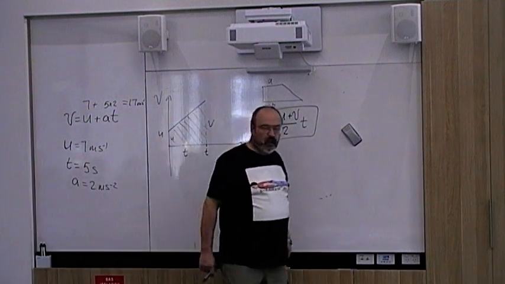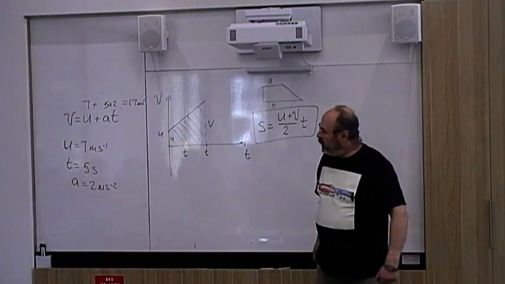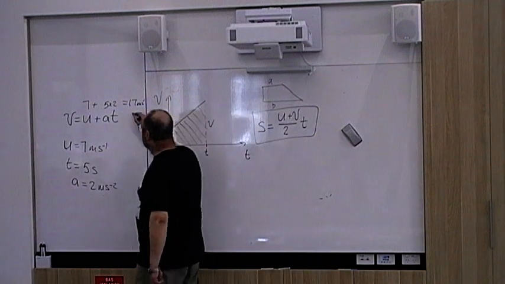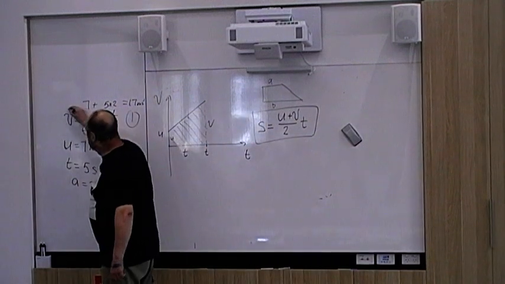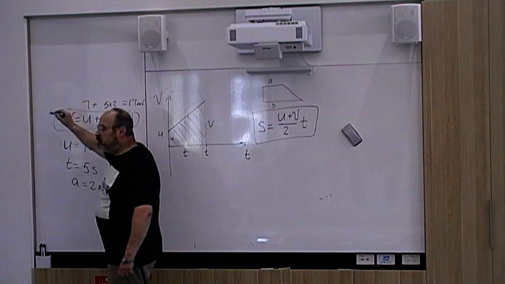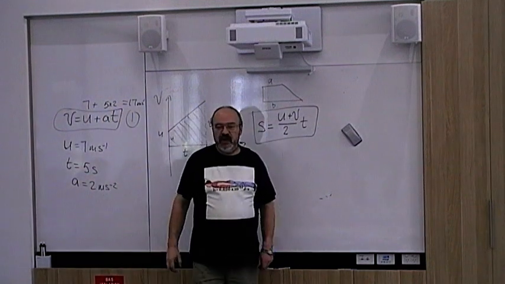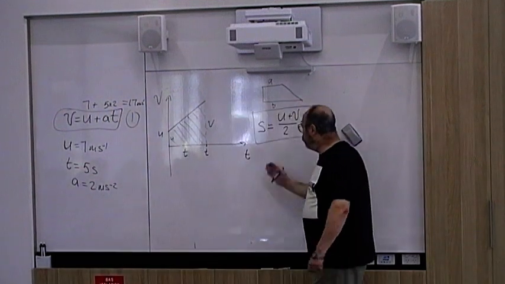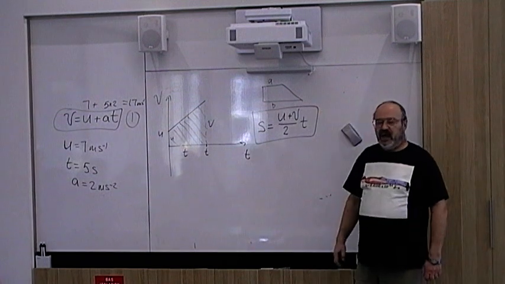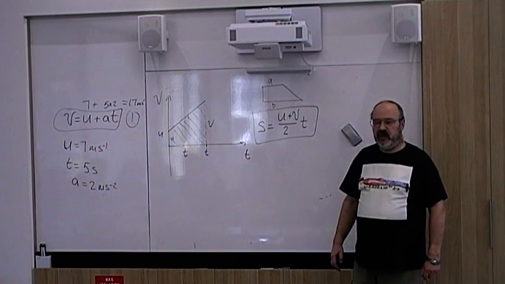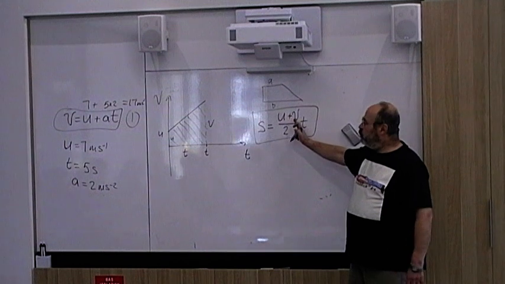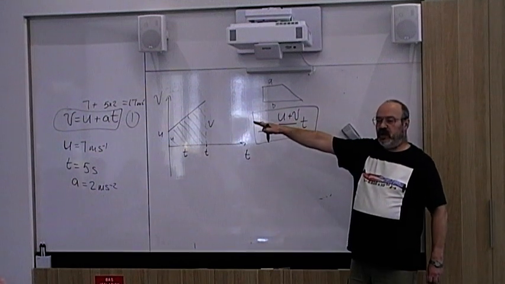So that's the second formula. We had formula number 1, describing motion with uniform acceleration, and now we got formula number 2. In this formula, let's substitute V from equation 1.